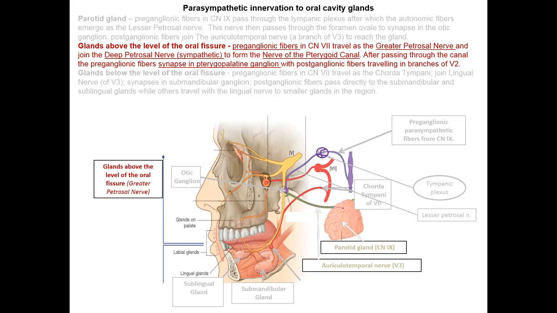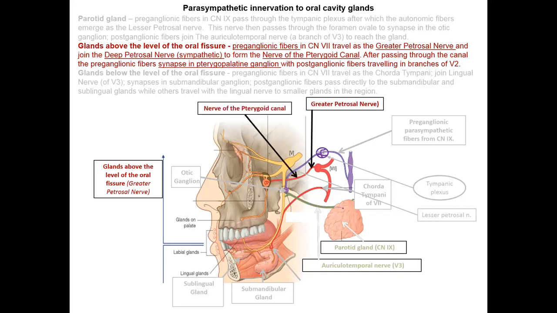After passing through the canal, the preganglionic fibers will synapse in the pterygopalatine ganglion, with postganglionic fibers traveling in branches of the second division of the trigeminal nerve to reach their target organs. Here we have the greater petrosal nerve, the nerve of the pterygoid canal, which has parasympathetic and sympathetic components, the pterygopalatine ganglion.